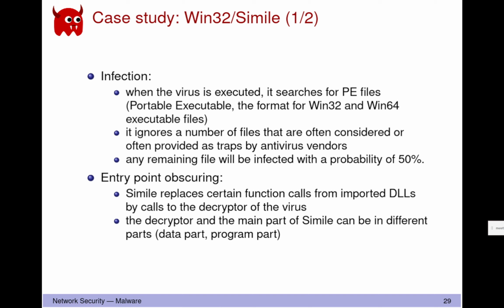It randomly selects an otherwise official and legal jump to an external library, but replaces it to jump to its decryptor, and after the decryptor and all execution is finished, it jumps to the appropriate DLL. Also this decryptor can be in various positions, data part, program part, so there's not a clear position where it is located.